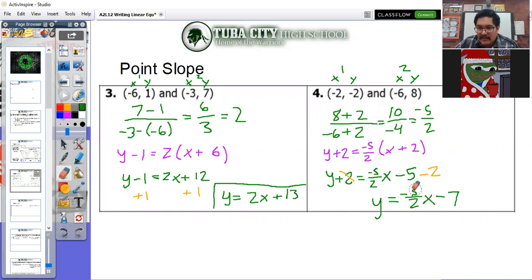And maybe change that top number a little bit, clean it up a bit. There you go. Now we have our line. And if we were to graph that onto Desmos, we should be able to get the line to go through the point -2, -2, and -6, 8.